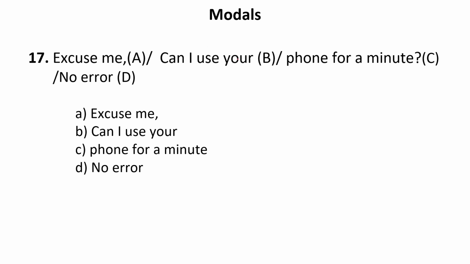But if it is a formal request, then the sentence is not correct. But we cannot conclude over here because it is written, excuse me. It means the person who is saying this is talking to someone. So this can be an informal request as well. So this sentence contains no error. It means our answer is D, that is no error.